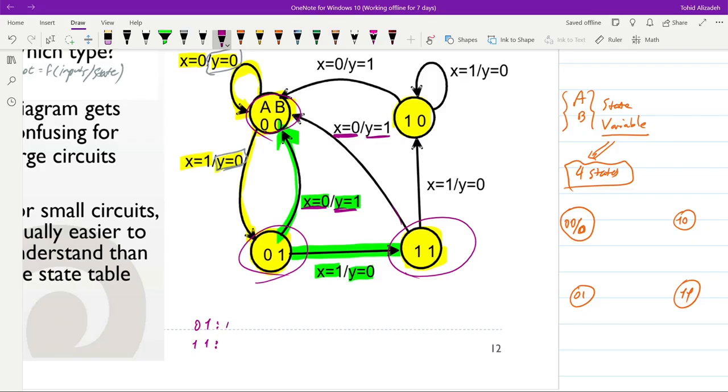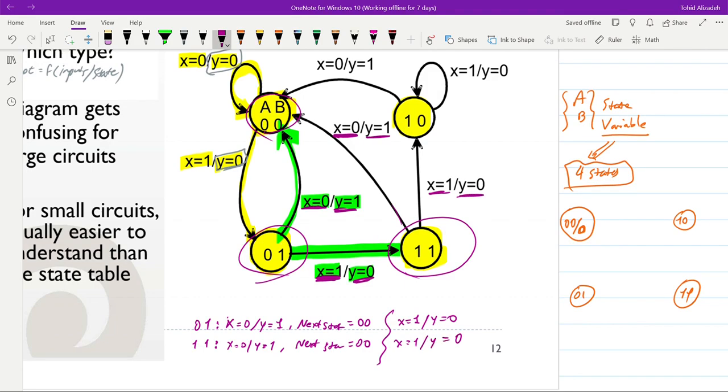So for both cases, if x is equal to 0, y will be equal to 1, and the next state will be 00. On the other hand, if x is equal to 1, and we can check it for both, the output is equal to 0.